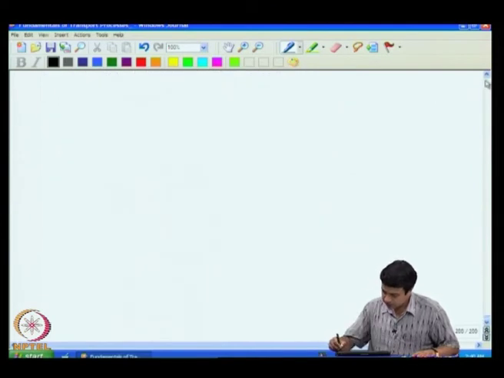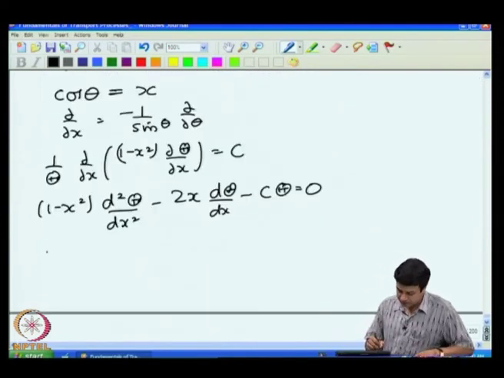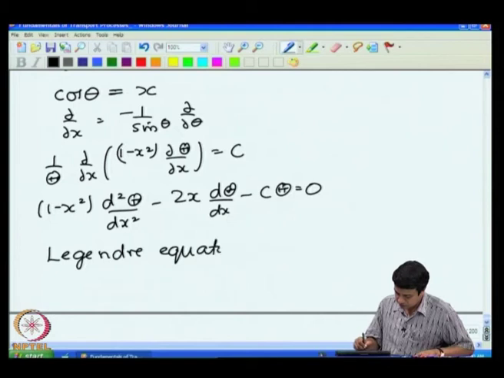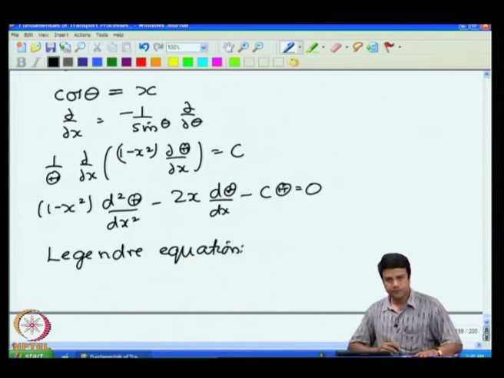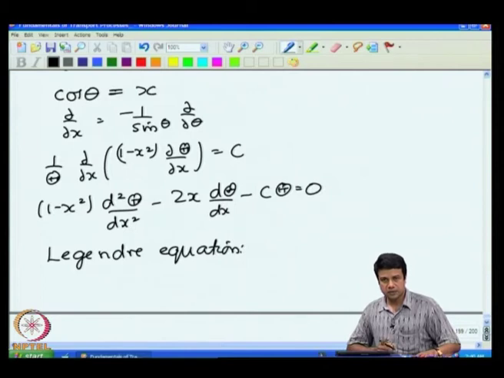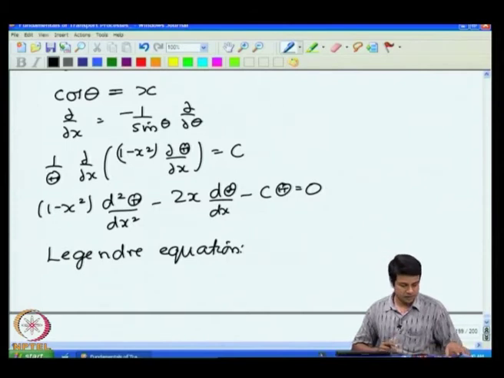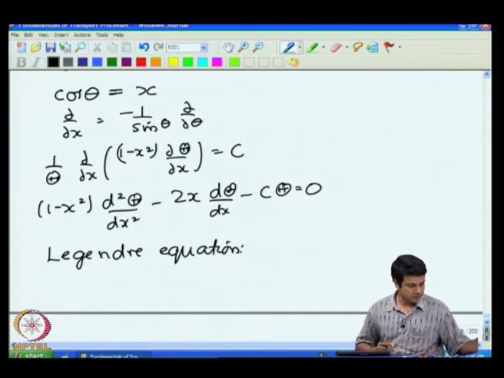This equation is an equation for a special function called the Legendre equation. And this equation has solutions which are convergent from -1 to +1 only if C has a specific form.